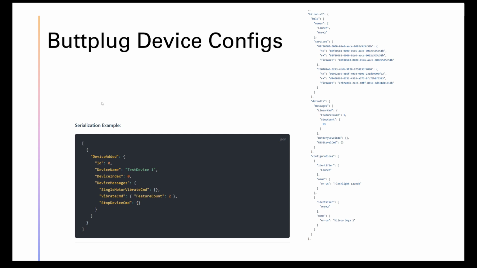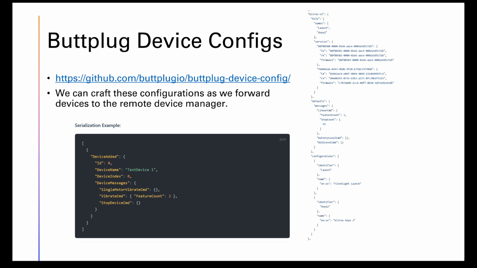So, talking about how we find this stuff in the first place, I was going to go into our device configurations real quick. The way Buttplug knows about devices is through a thing called the Buttplug device config.